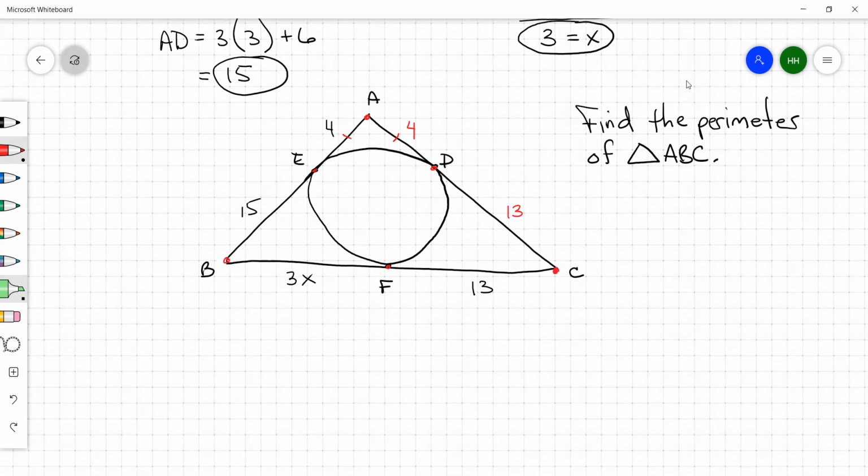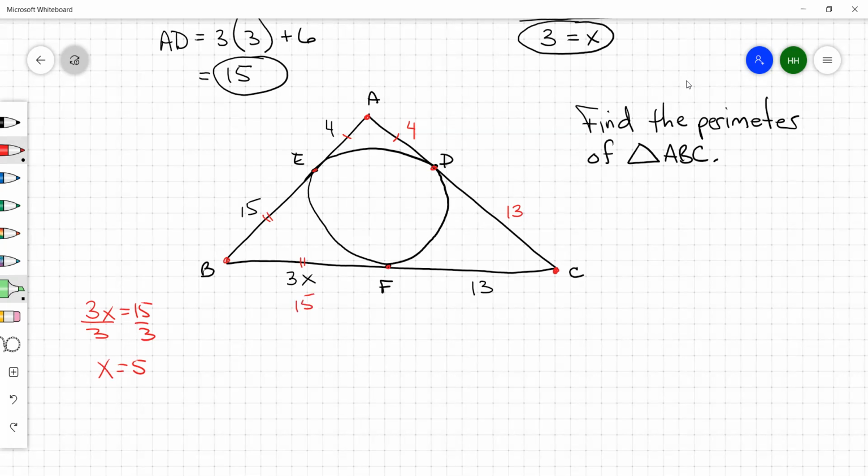All right, B to E and B to F, they're congruent. So 3x is, if they ask you to solve for x, you would do 3x equals 15. You would divide by 3. X would equal 5. But they're asking for the perimeter, so how far is it from B to F?